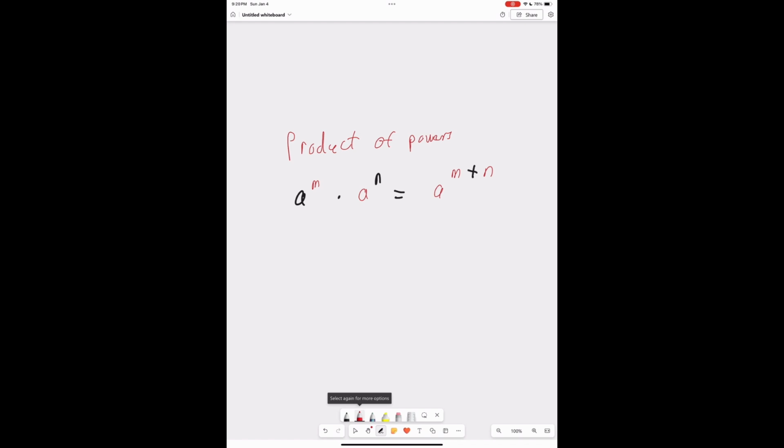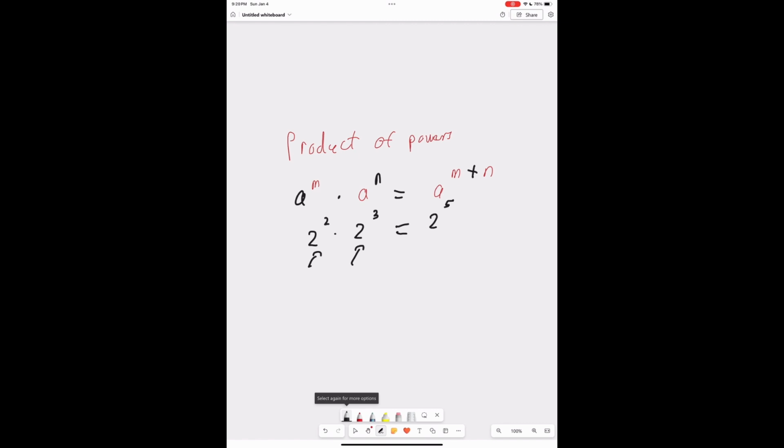What does this mean exactly? If we have two exponents with the same base, like 2 squared times 2 cubed, they have to be the same base. All these properties have to have the same base, well, most of them. The product of powers states that when you have two exponents with the same base, you can add the exponents. So it would be 2 plus 3, which gives 2 to the 5.